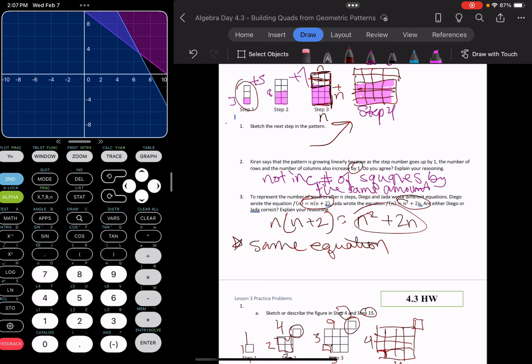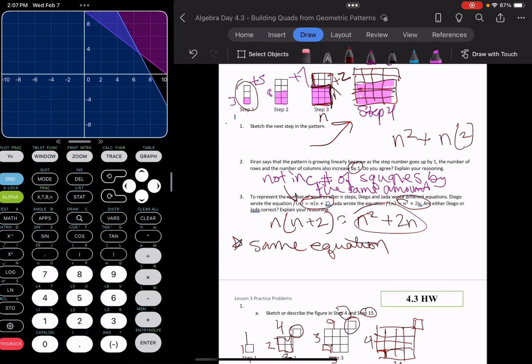So if we were to think about multiplying out the whole thing, it would be n times (n plus 2). That's where Diego gets this equation. And so we get n squared plus 2n. Okay? If we were to think of them as 2 separate pieces, we might think of them as n squared plus n times 2. So both of them figured out a way to represent that in different ways, but these both work.